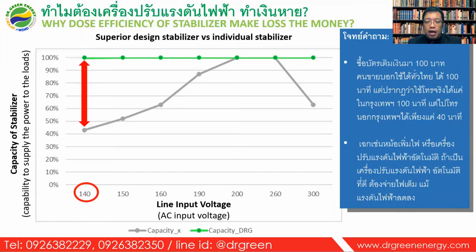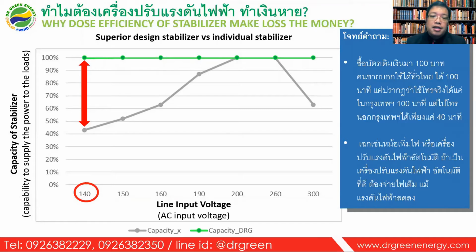So this is the example of the technical specification. For example, the stabilizer can support the input voltage from the main line at 140 volts. It should be able to increase or adjust the voltage up to the committed value written on the technical specification.